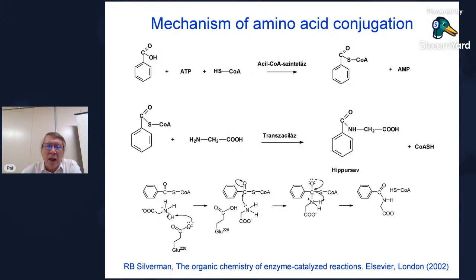So the CoA esters are the active forms of the foreign carboxylic acids, and by means of a transacylase enzyme, which deprotonates the protonated nitrogen of glycine, catalyzing the reaction of this thioester with the nucleophilic amine to form the expected carboxamide derivative, which in the case of benzoic acid is called hippuric acid.